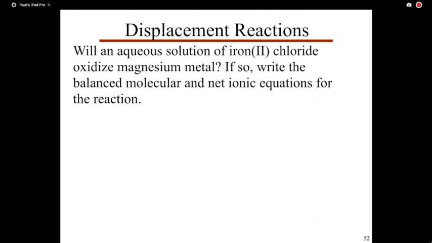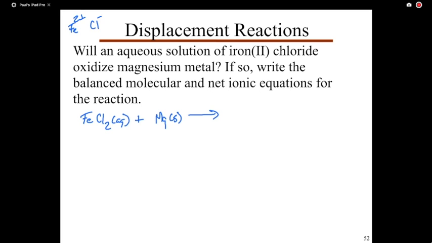Okay. So, iron 2 chloride, Fe 2 plus, chloride is a 1 minus, so the compound looks like this. All chlorides are soluble except for chlorides that have what, 3 metals? Silver, mercury, or lead. So this is aqueous. Plus magnesium metal. That's a solid. Yields.